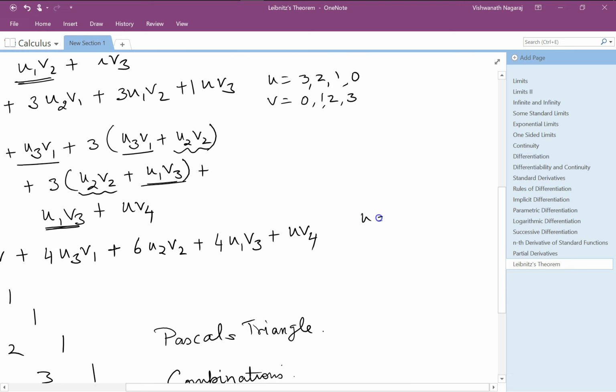Here the subscript of u goes from 4, 3, 2, 1, 0 and the v subscript goes from 0, 1, 2, 3, 4.